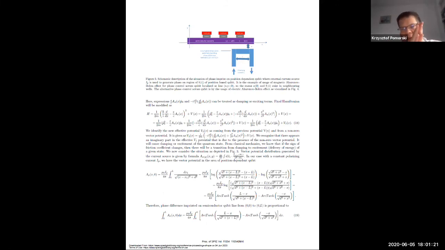There's obviously a lot of space for further developments in the description of such systems. This is a fashionable topic, the topic of hybrid quantum systems.